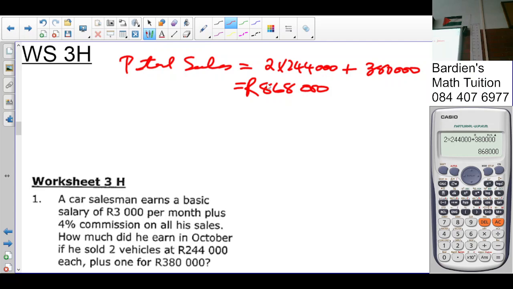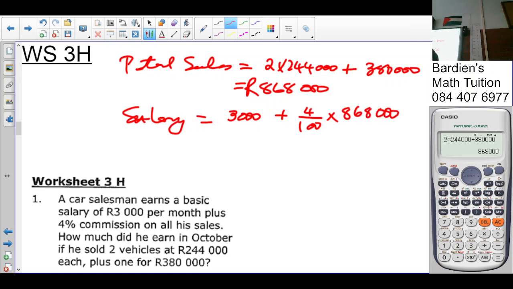So if we look at his income, his salary for October, it is a 3,000 Rand basic plus 4% of 868,000 Rand. You guys understand?